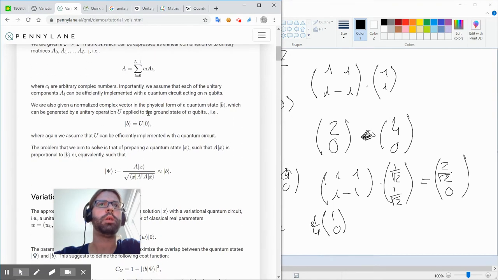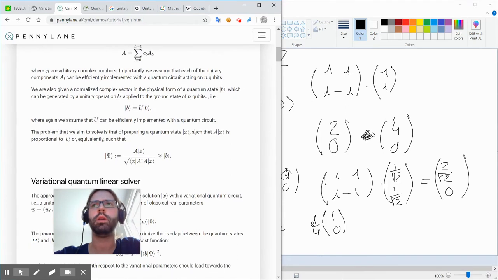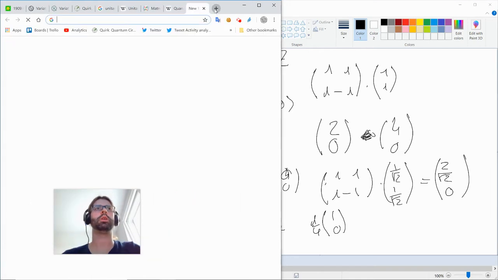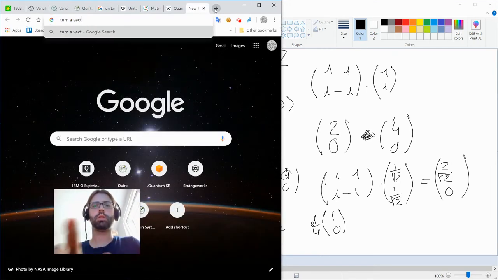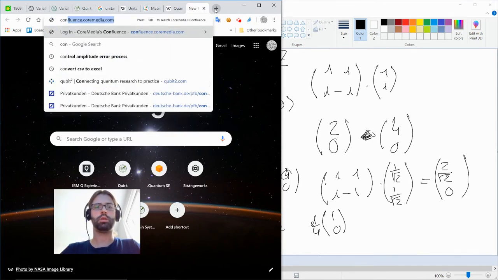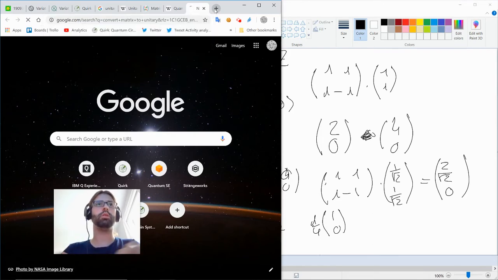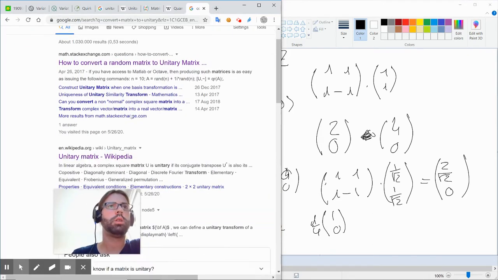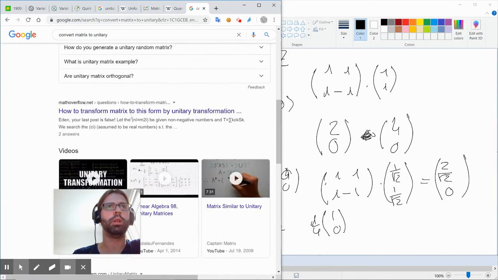B. So we're also given a normalized complex vector in the physical form of quantum state B, which can be generated by unitary. Is it just a precondition that those are the only things you can do by unitary operation applied to the ground state of n qubits? Wasn't there a way to convert a matrix to unitary?